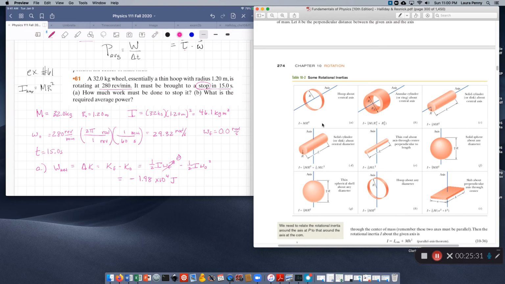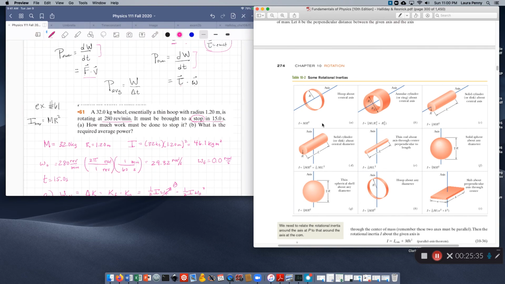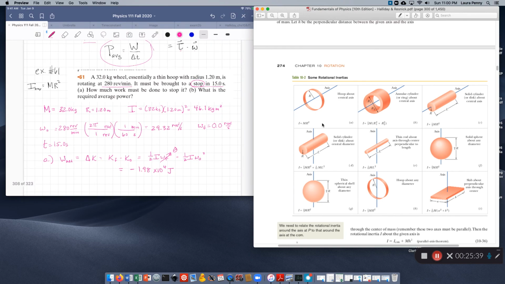What's the required average power? The average power is just the work done divided by how much time it took.